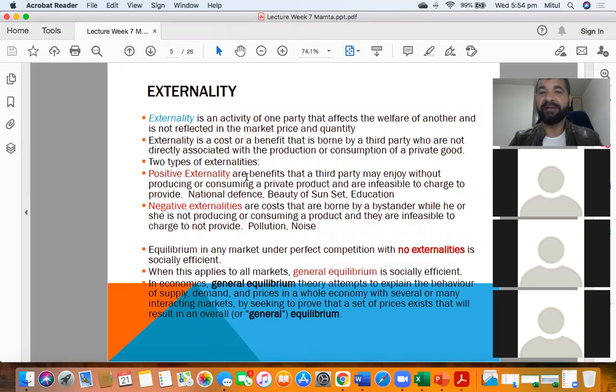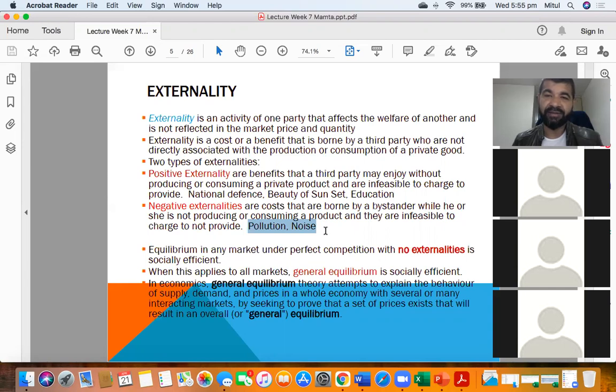Positive externalities are benefits that a third party may enjoy without producing or consuming the good. Negative externalities are costs borne by the bystander who is not producing or consuming these goods, for example pollution, noise, secondhand smoke. Remember, people get into fights on the street, drugs, negative things.